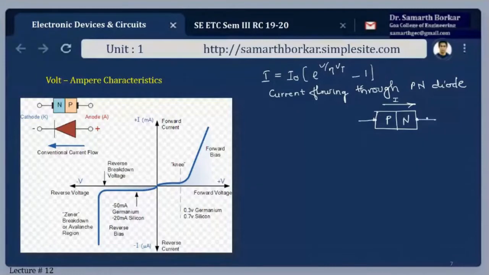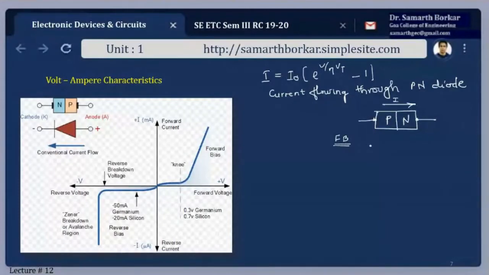These are the ohmic contacts. The diode is forward biased. The diode is said to be forward biased if V is positive. Fine. That is, P side is connected to the positive terminal and N is connected to the negative terminal. Forward bias.